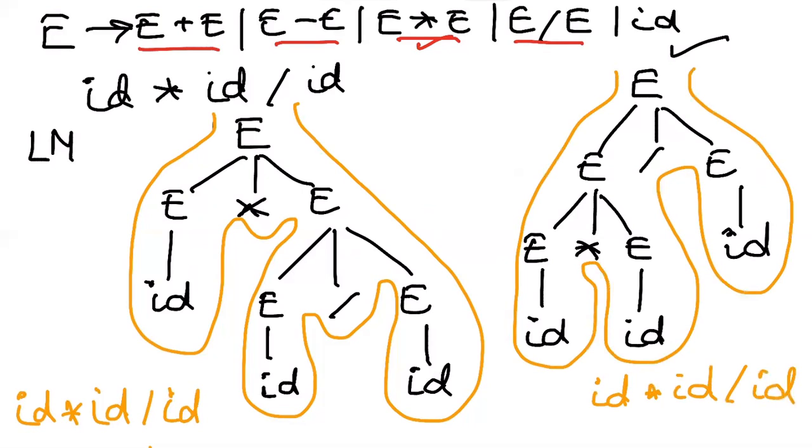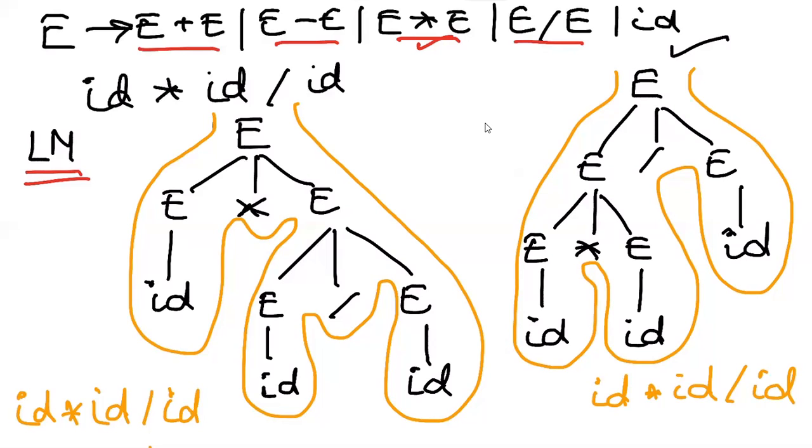So in both the parse trees, we have been using the leftmost derivation only. Always I have been replacing the leftmost non-terminal at every step. But still I have got two parse trees. Now if you recall, in a parse tree, I can have a leftmost derivation, or I can have a rightmost derivation.